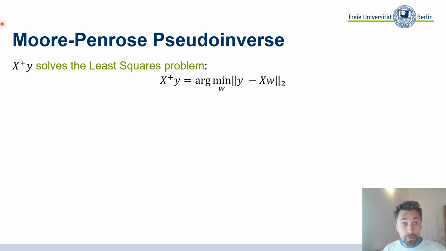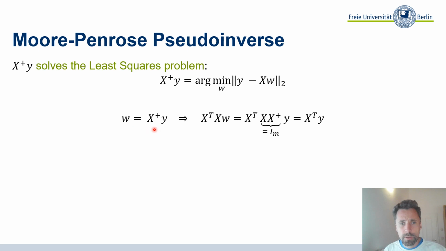So the cool thing about the pseudo-inverse is that it solves our minimization problem. X plus times y gives us the optimal least square solution, so the vector w that minimizes this expression. And this can be seen by looking at this. If this is true, then we could just see what we get if we multiply x transpose x to both sides, to the left and the right.